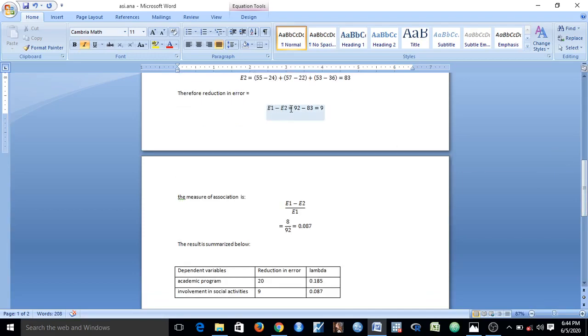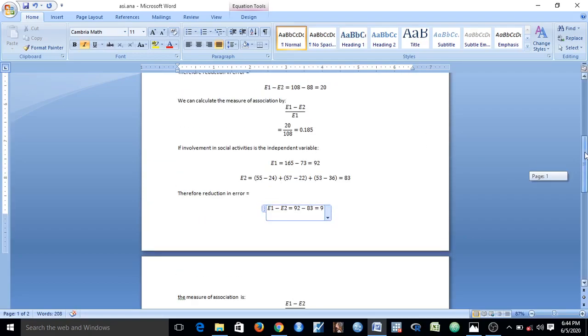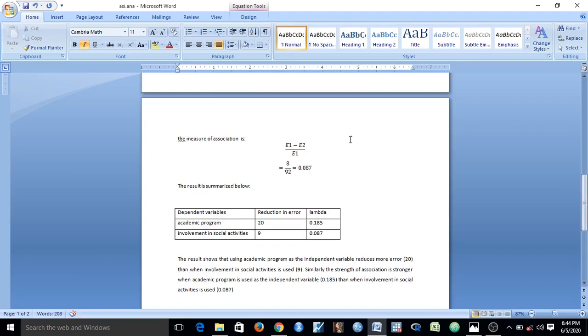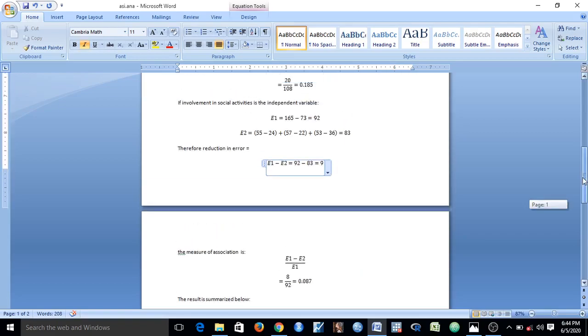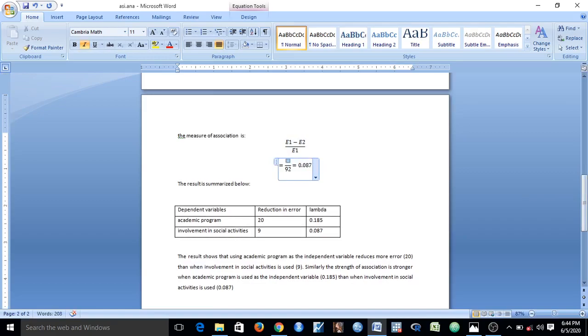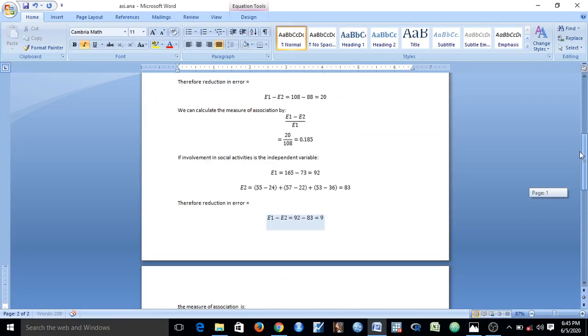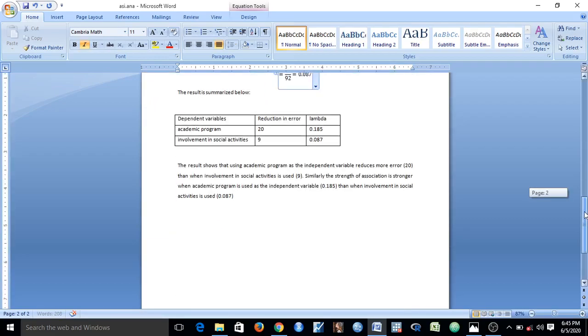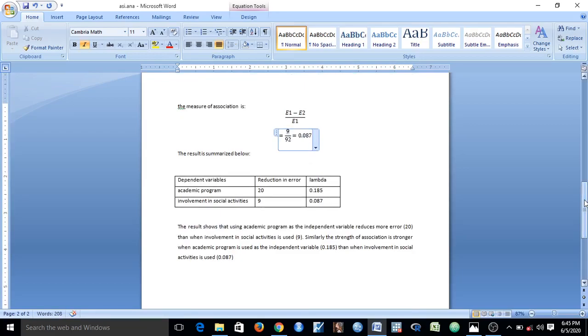So therefore the reduction in error is E1 minus E2, which is 92 minus 83. So we have 9. For the first one we have 20, for this we have 9. Then the measure of association is E1 minus E2 over E1, which is 9 divided by 92.